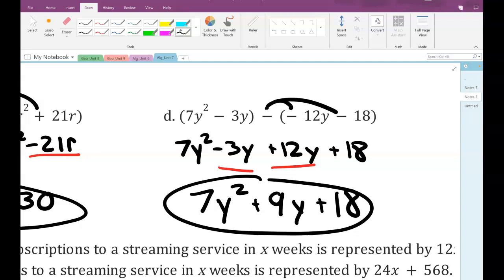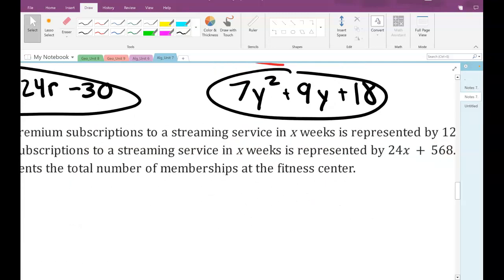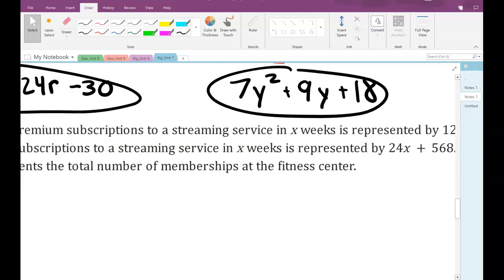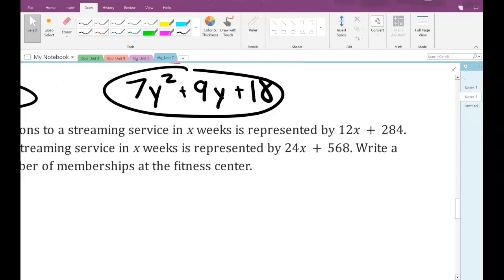All right, word problem time. The word problem, it's talking about streaming services. So a premium subscription to a streaming service, X weeks is represented by the polynomial 12x plus 284. The basic subscription is represented by 24x plus 568.